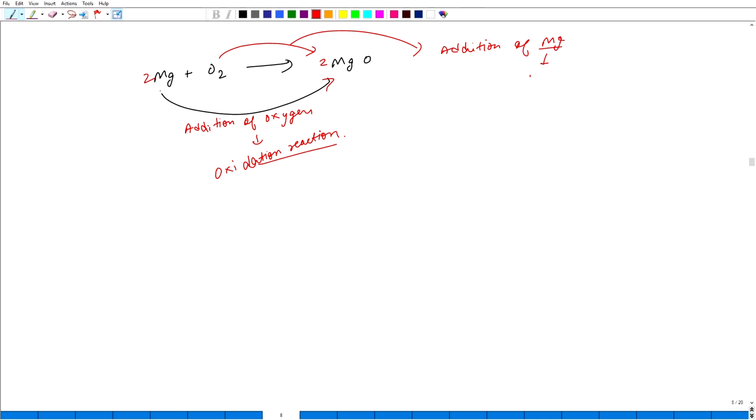Magnesium is nothing but an electropositive element. That means, what I am saying, that magnesium has been reduced, sorry, oxidized. Magnesium has been oxidized. What we have done in this reaction is magnesium is getting oxidized and oxygen is getting reduced.